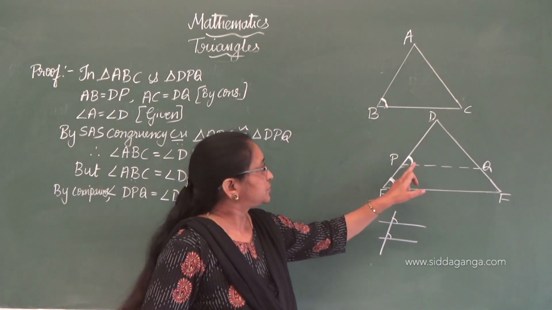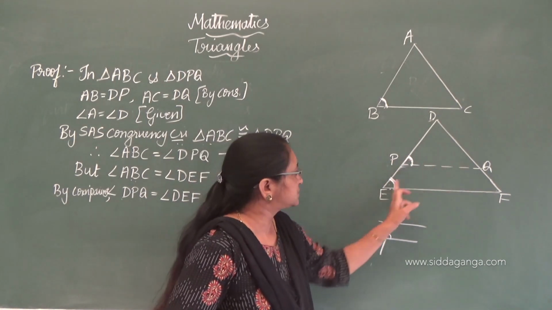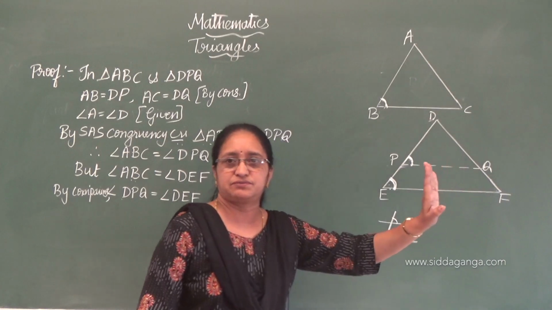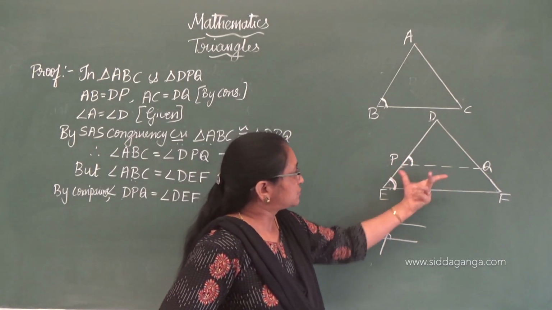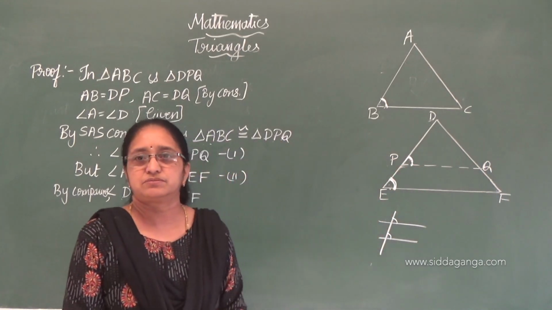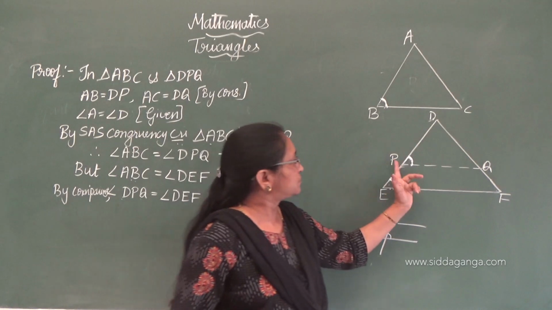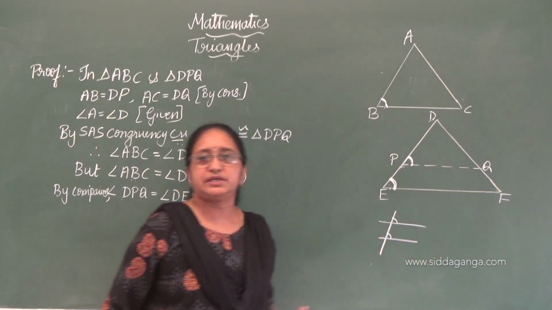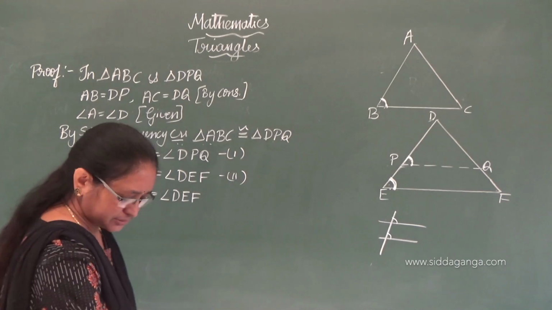Parallel lines. So here corresponding angles are equal, therefore PQ is parallel to EF. I tried to prove that PQ is parallel to EF, and all these steps are involved only to prove that. Do you agree? Yes? So, let us continue.